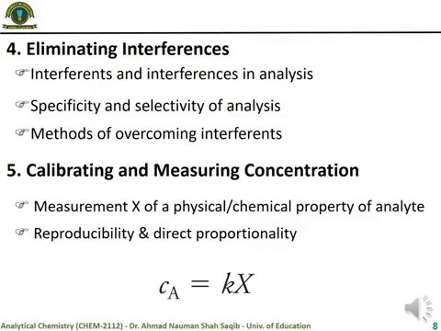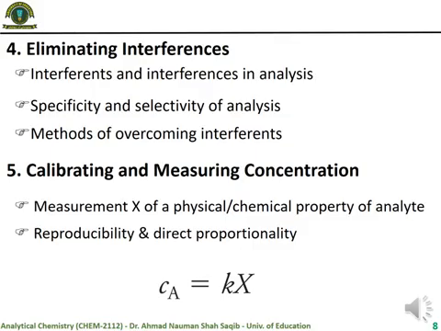However, this should be reproducible. For example, if we perform one analysis today with a one molar solution of a specific compound, and it gives an absorbance of 0.7, and the next day we use the same solution and it gives an absorbance of 0.2 instead of 0.7, it means the analysis is not accurate because it is not reproducible.